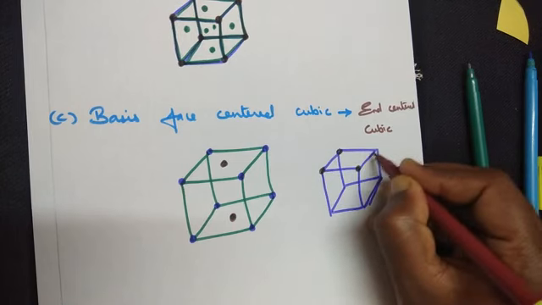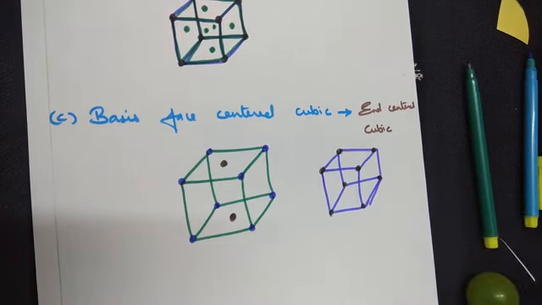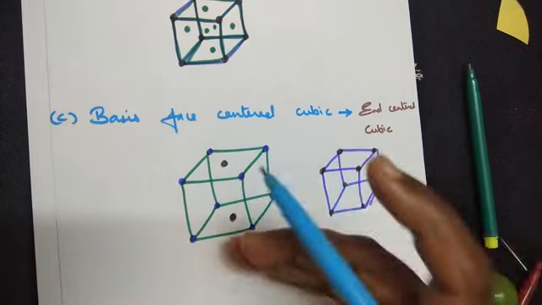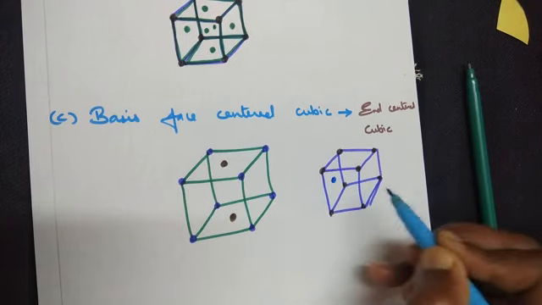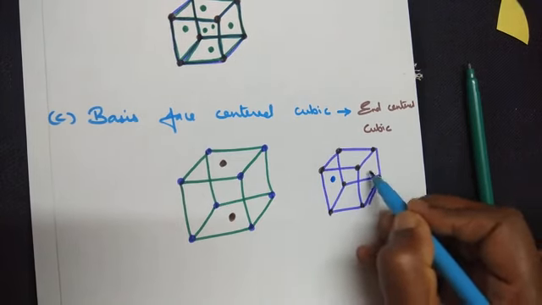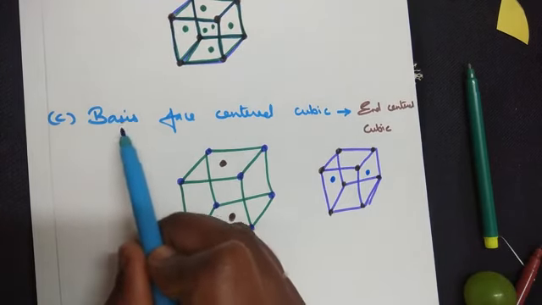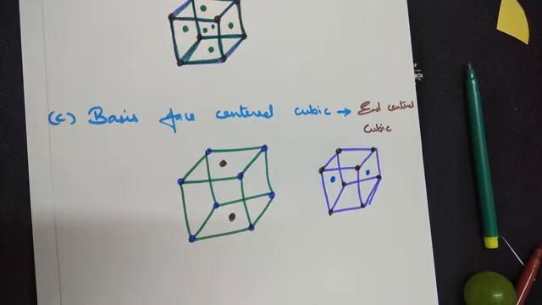In the same manner, there are 8 corners, and all the 8 corners have one particle in them. Now, if we look at the opposite sides, in this case I went for above and below. If I see side by side, there is a particle at the lattice point here. Similarly, for this side, there is a particle. So basis face centered cubic can be on the opposite side of the faces.